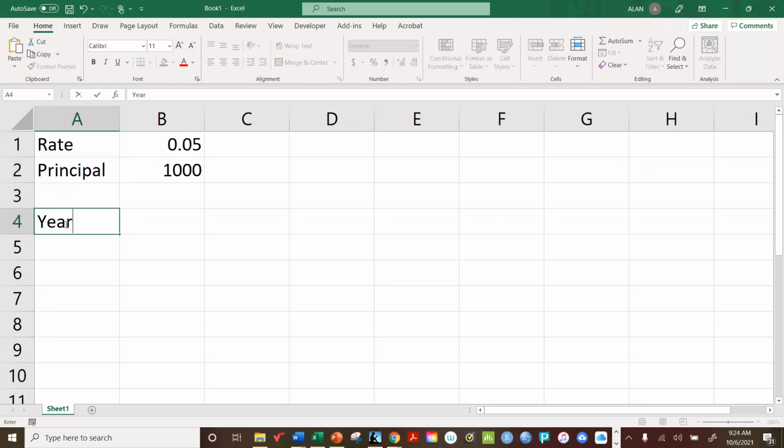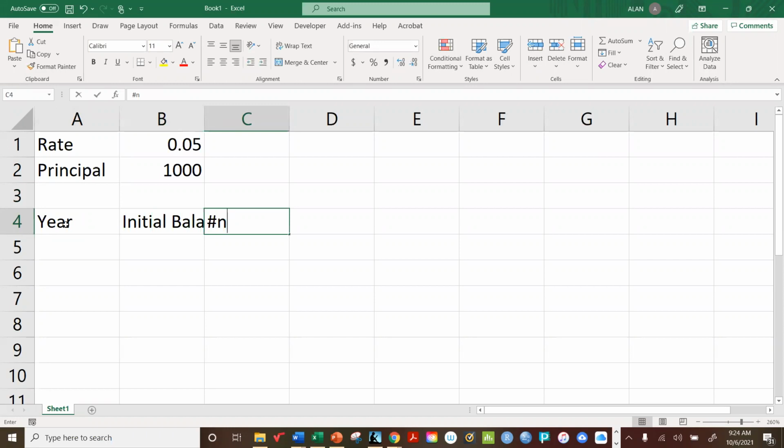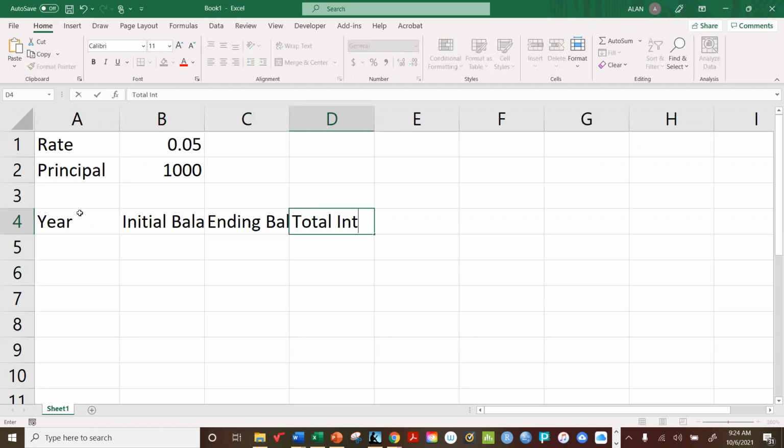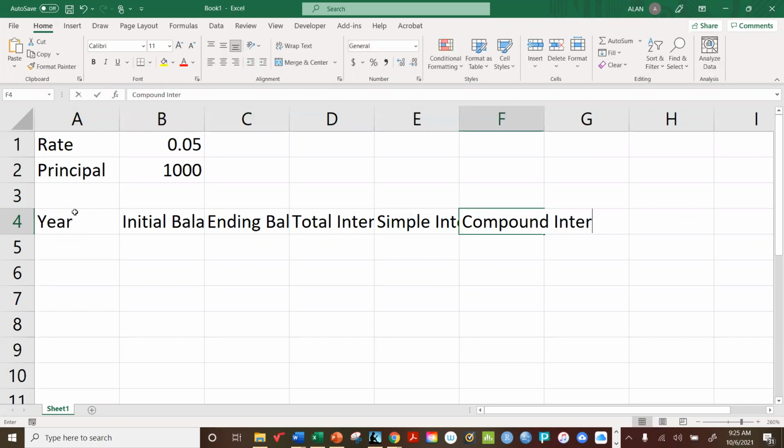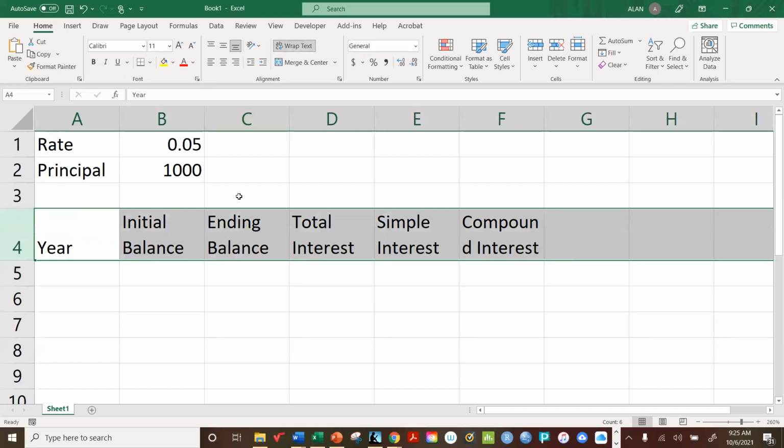I don't know if anyone here uses Excel. If you don't, you should. All right, so let's see what we can do here.